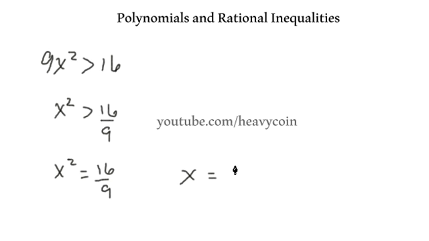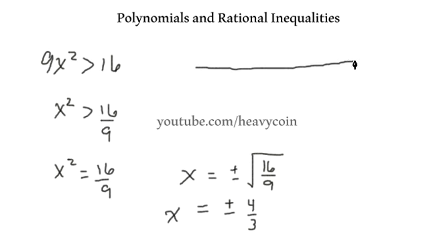So x is equal to plus or minus, that's going to be 4/3. So x is equal to plus 4/3 and x is equal to minus 4/3. So we go ahead and graph this out.